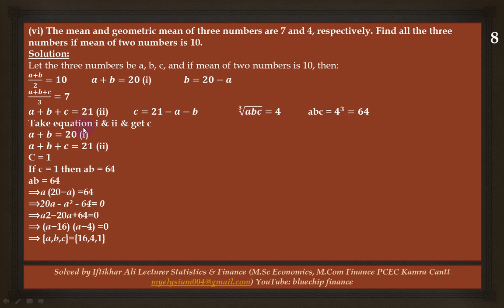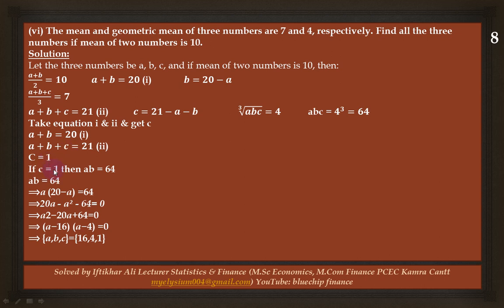So take equations 1 and 2 and get c. Equation 1 is a plus b equals 20. Equation 2 is a plus b plus c equals 21. So here are 2 equations. We just change the sign and cancel a and b, and c will become equal to 1.